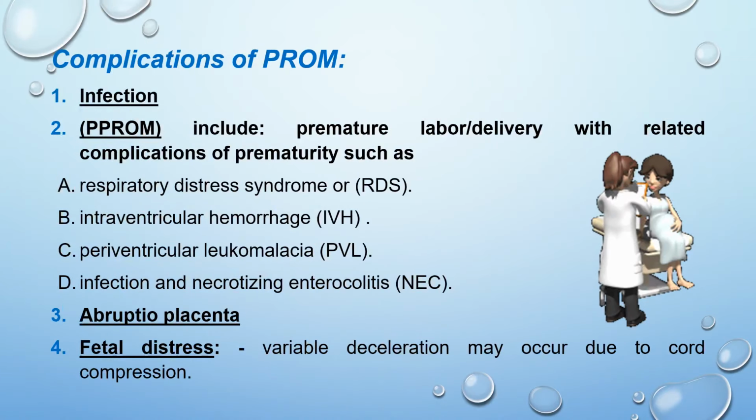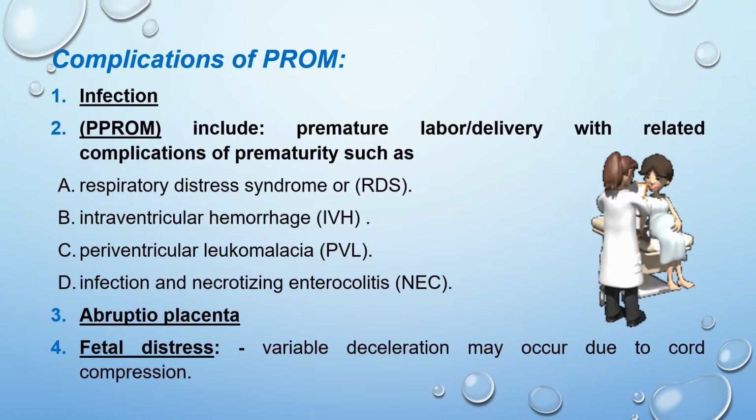Now we have a rupture of membrane. Is there any complication for this condition? Yes, there is. One of them is infection, chorioamnionitis, and we knew the signs and symptoms of chorioamnionitis in the previous lecture.